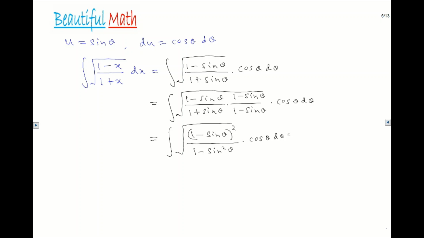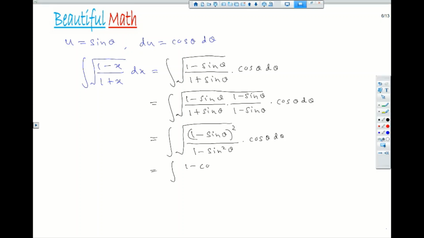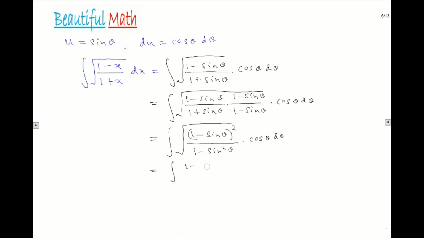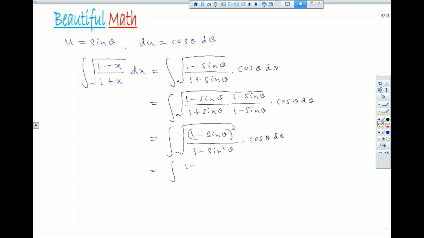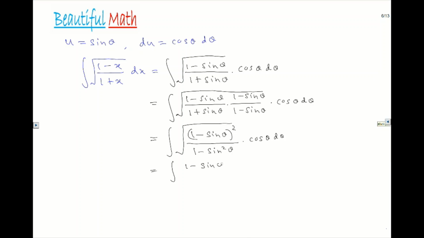So what we can do now is put the square root sign on both of those functions. That means it's simply going to be 1 minus sine theta on the top. In the bottom, 1 minus sine squared theta means cosine squared theta.